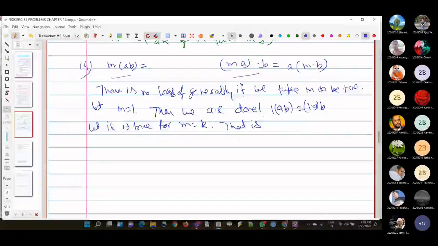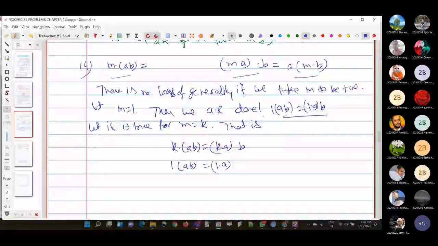Here we need to write like this: k times ab equals ka times b, and you can write the other part also; later you can take it yourself. Also from here we have ab equals ab, or a1, that is 1 times ab equals 1 times ab.